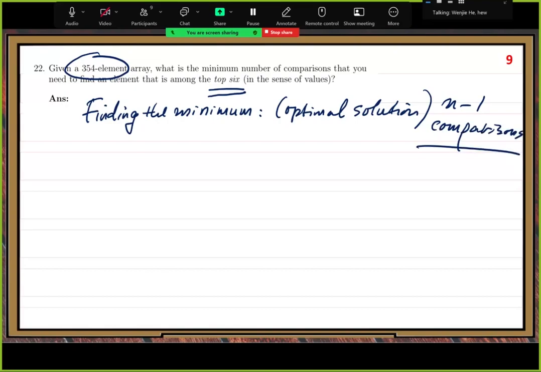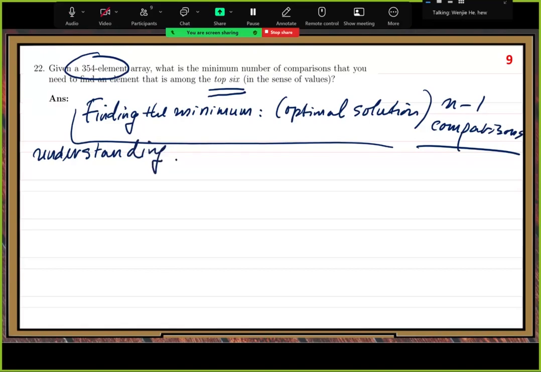So you use the solution understanding from this problem. This is your reference problem. So you use the understanding of this problem to solve this one.